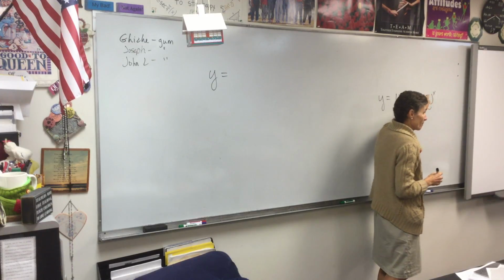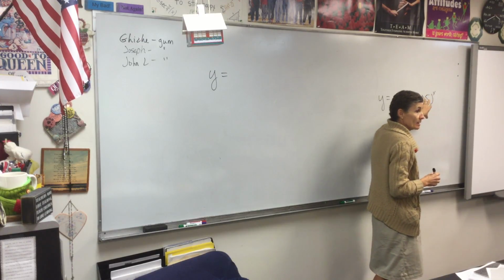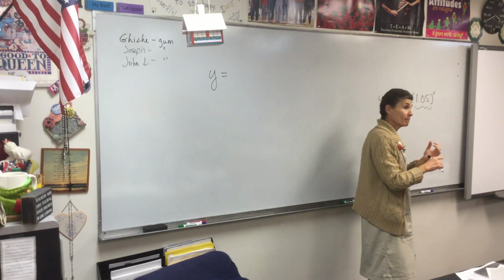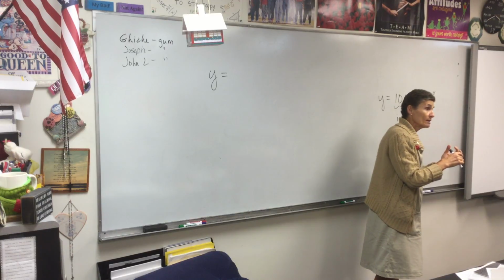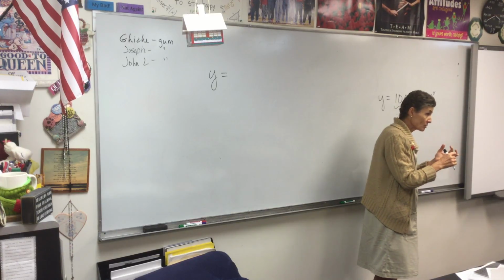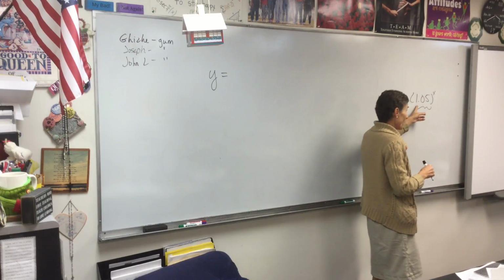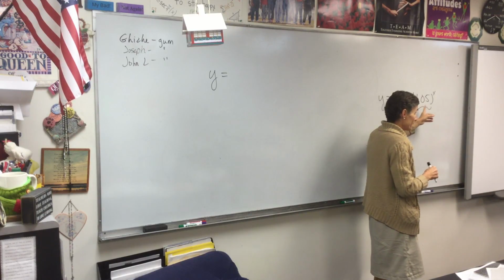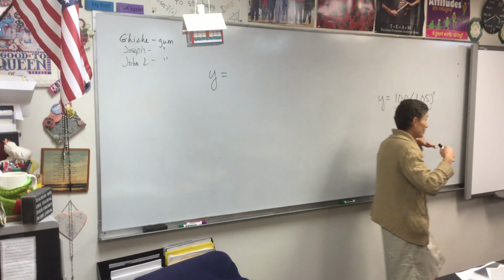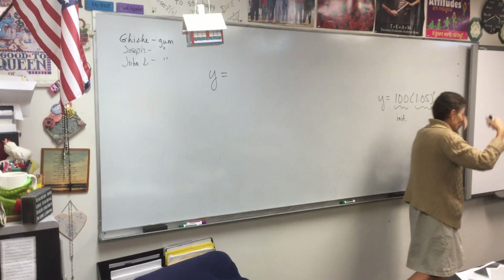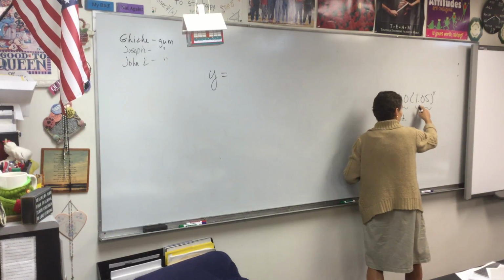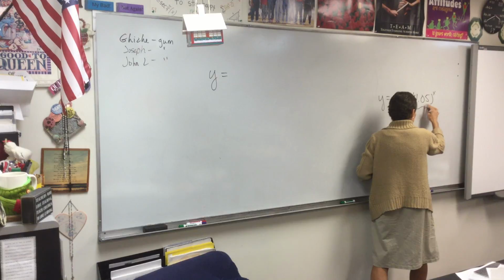Now what does this number tell me? How much I'm increasing by. Remember, we can have growth or decay. Did we talk about this yesterday? When you're multiplying by a number bigger than 1, that means you're adding 1 extra, you're growing. How much is this one growing by? 5%.